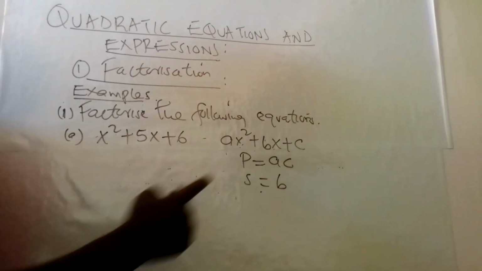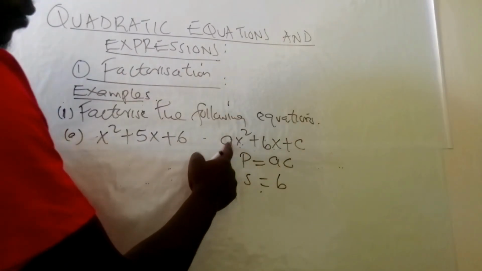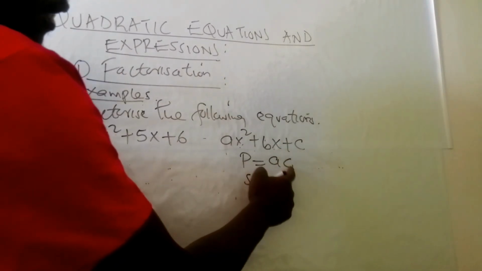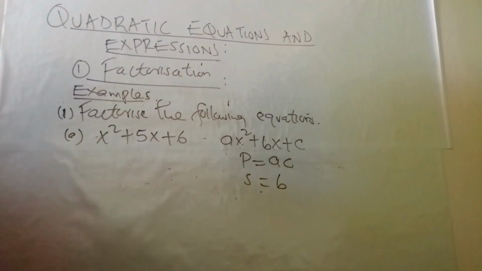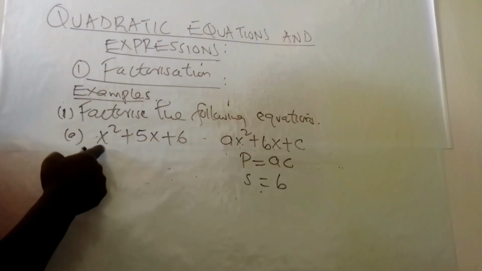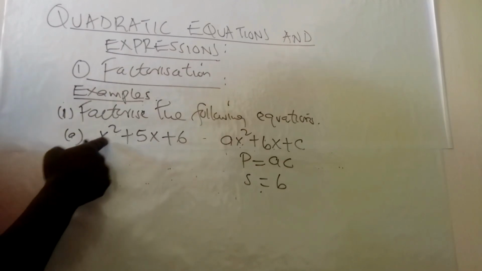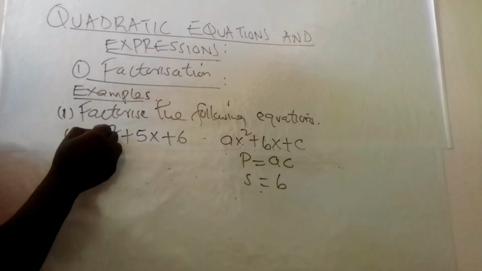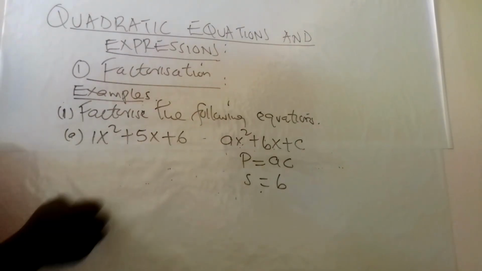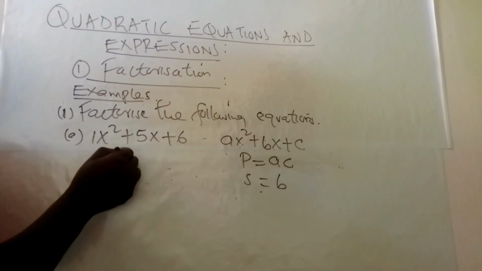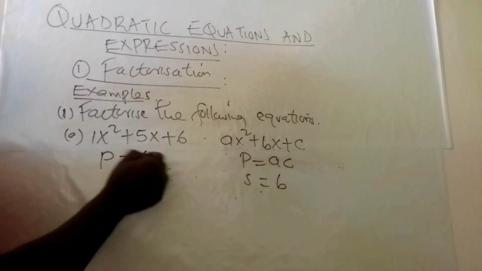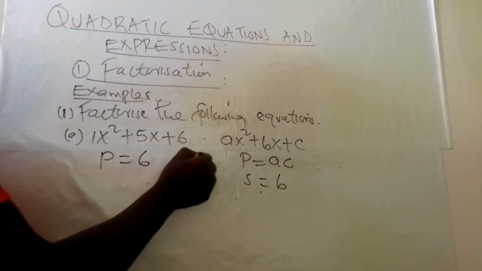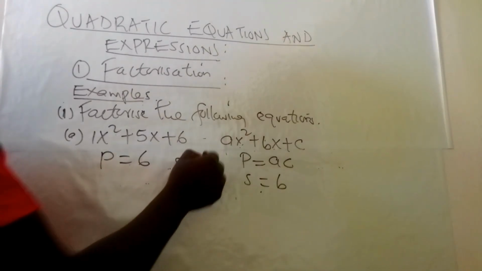To factorize this one, you find two numbers whose product is a times c, and the sum is b. In our case here, the coefficient of x squared is 1. So you're going to find two numbers whose product is 1 times 6, which is 6, and the sum is 5.